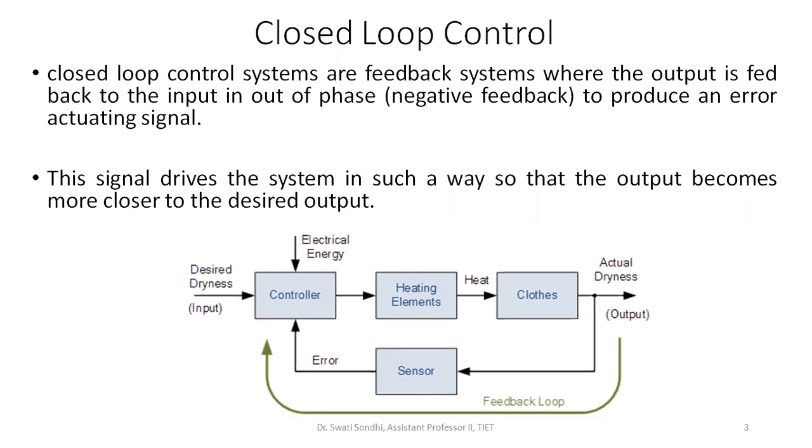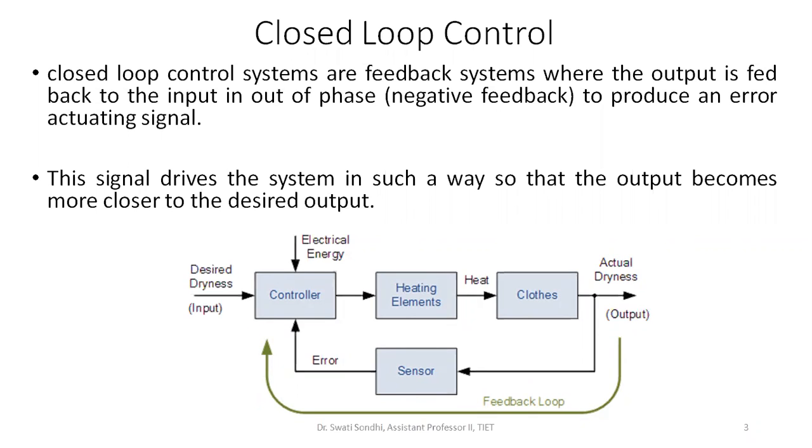Whatever output we are getting, we are subtracting it from the desired input. Okay, so the moment this error becomes zero, that means desired dryness and actual dryness match, controller understands that the desired task is done. It gives an off signal to the heating element and there is no more heat being produced. So in this, what happens? The heating element is going to work only till the time it is required.